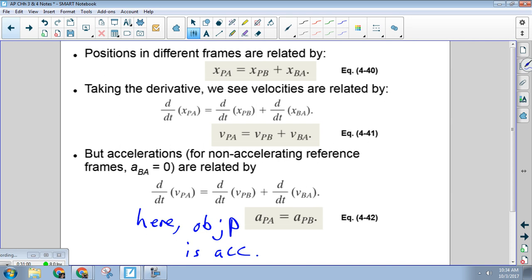And as a result, whether you measure the acceleration of P relative to A, which is not accelerating, or you measure the acceleration of P relative to B, which is not accelerating, you'll get the same thing. If either A or B are accelerating, then the one that's accelerating will give you an erroneous answer in terms of Newton's laws. So 2 of the 3 objects need to have no acceleration. Correct.